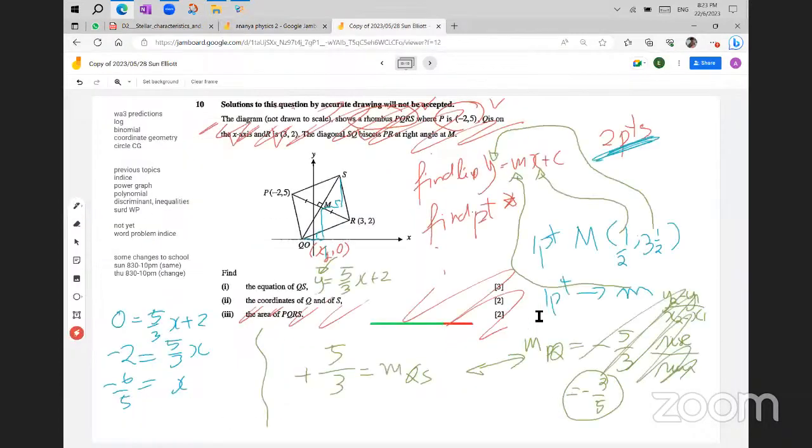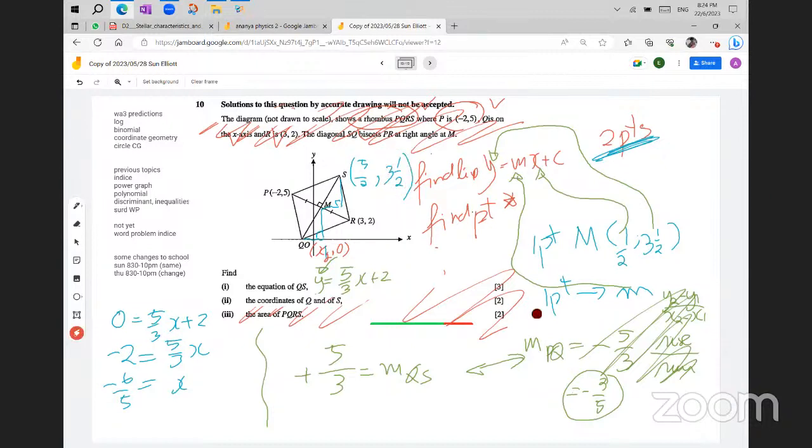Elliot, have you found S? Yes. What is S? X is 5/2 and Y is 3/2. Let's see. Okay, now let's start with the Y one first.